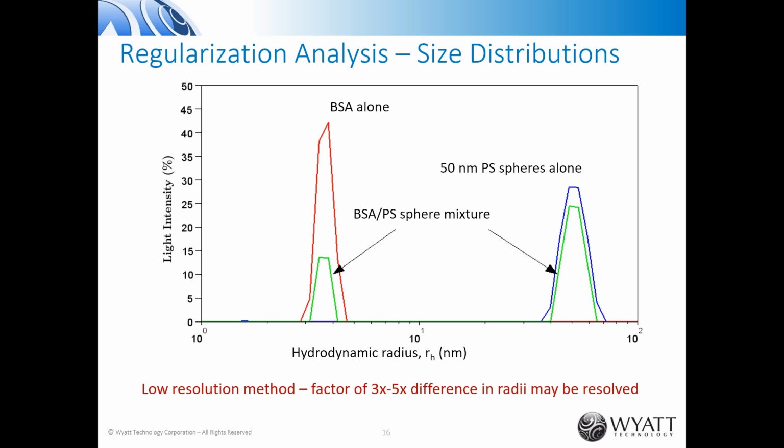And when you combine the BSA and the latex spheres together, you are able to completely resolve both peaks and see the two peaks. One thing to remember about this, though, is that it is a low resolution method, and you need to have a 3 to 5 times difference in radii in order to resolve these peaks. Most of the time, what we see here is just a broadening of the width of the size distribution.